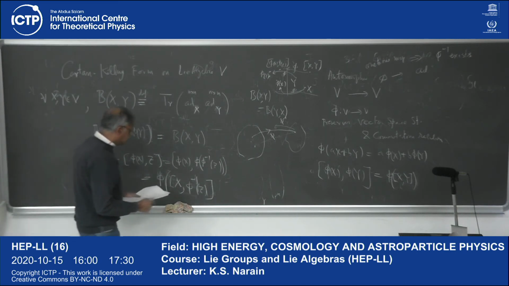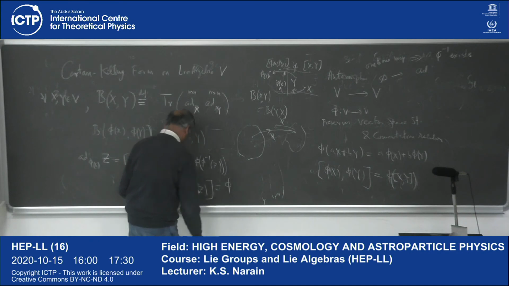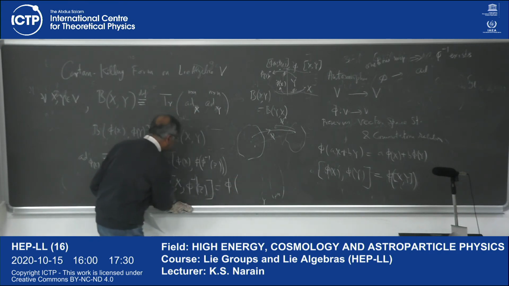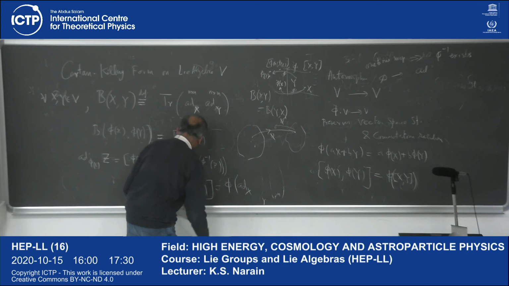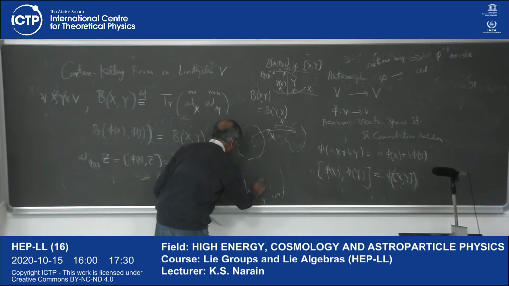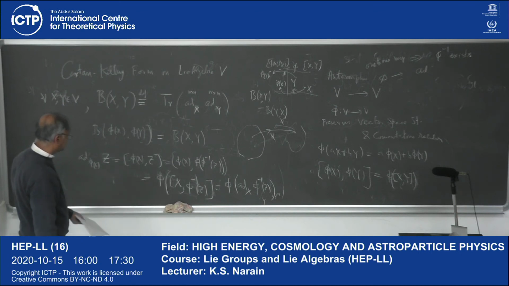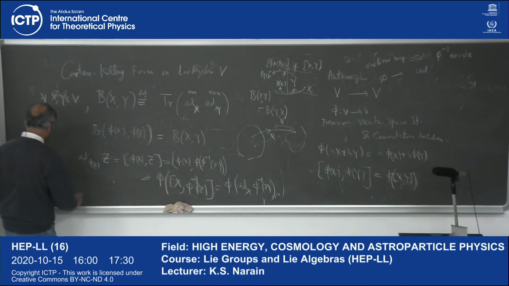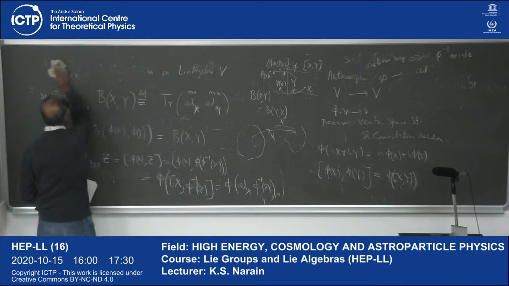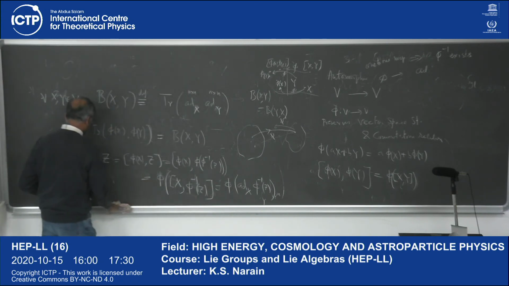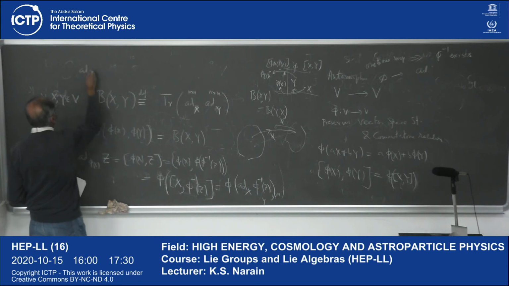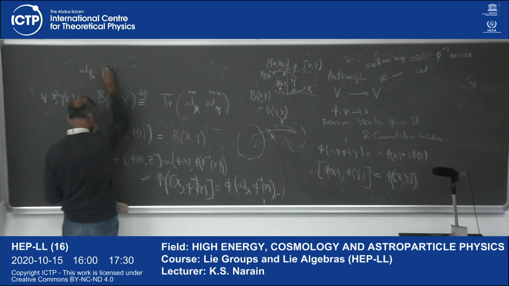Which is the same as phi of ad x acting on phi inverse z. So the conclusion from this is that ad phi x is nothing else but phi ad x phi inverse.